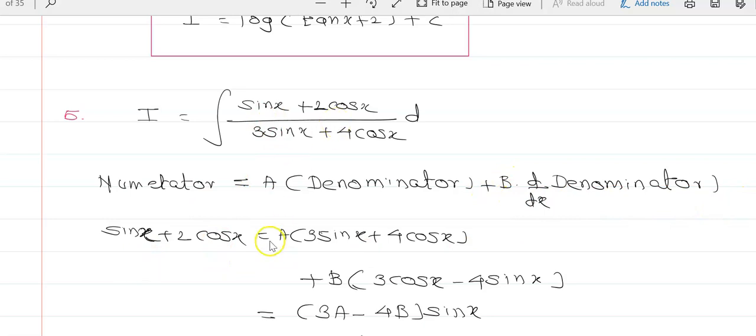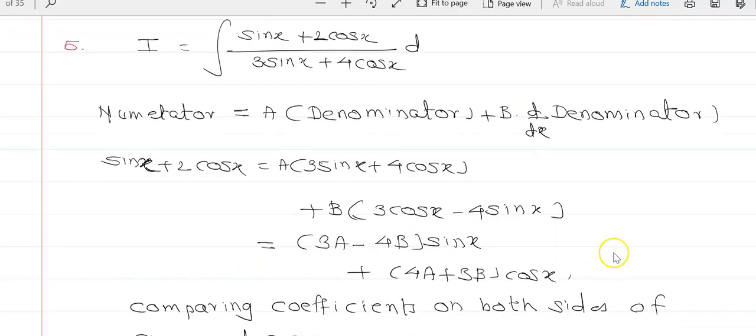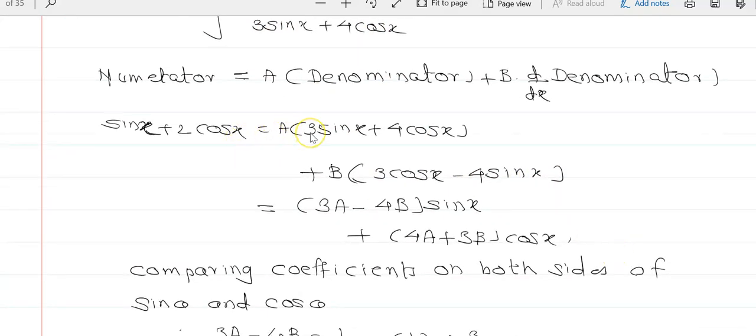Here a is the coefficient with denominator 3 sin x plus 4 cos x, and b with the derivative of the denominator. The derivative of sin x is cos x, and of cos x is minus sin x. So we get 3a sin x, 4a cos x, 3b cos x minus 4b sin x.